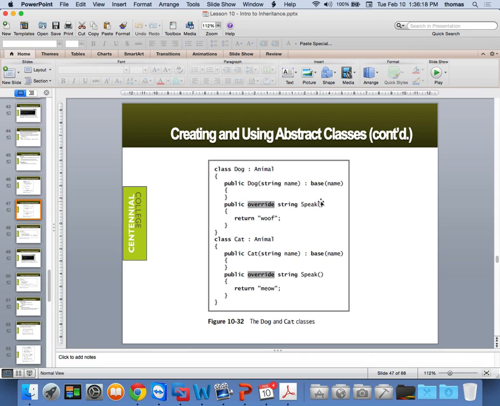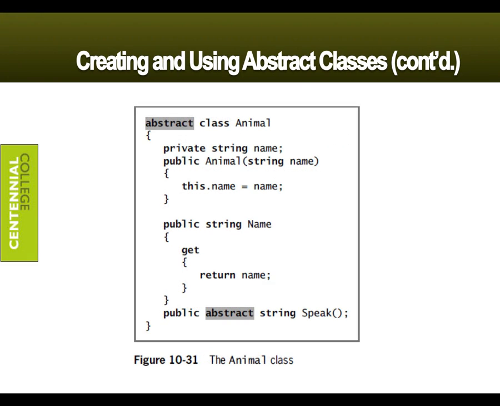I also must override the speak method that was mentioned in my animal superclass. I have a speak method right here, but I haven't defined what it is. I'm telling my subclass that it needs to include it and override it. When I use the abstract keyword, you must override this method or else it won't work.